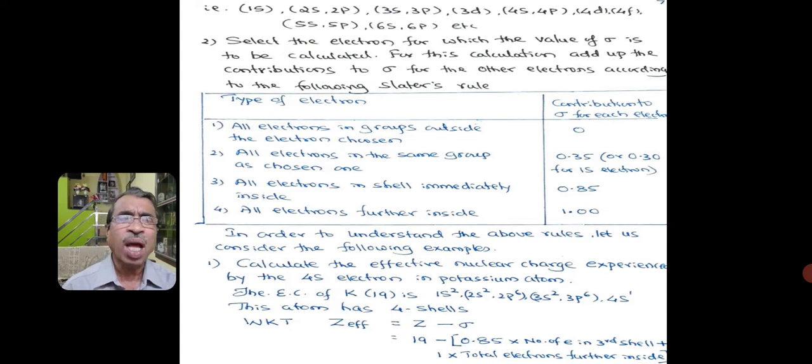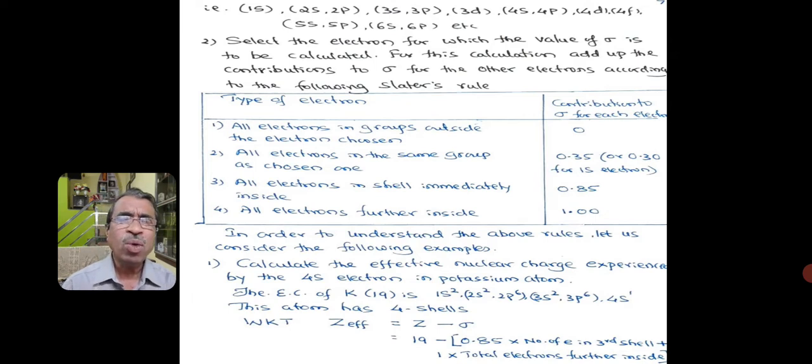Now here, how to calculate the effective nuclear charge of the 4s electron in potassium? We know the potassium atomic number is 19 and its electronic configuration is 1s2, 2s2, 2p6, 3s2, 3p6, 4s1.